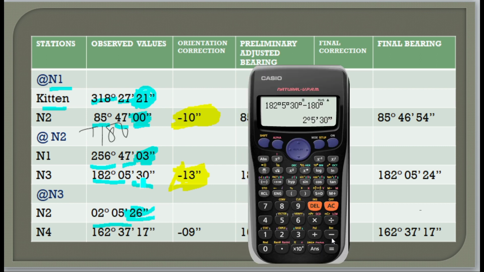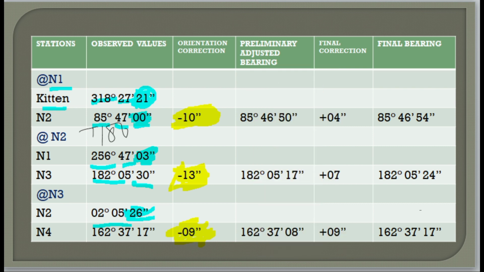So there we need to apply a correction. By subtracting those two, we'll get a +4. That is the data that will need to be applied. So +4 added to the previous orientation correction of -13, we'll get our answer as -9 seconds. So that is the correction on the orientation correction column.